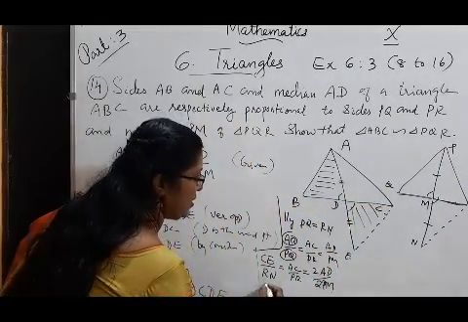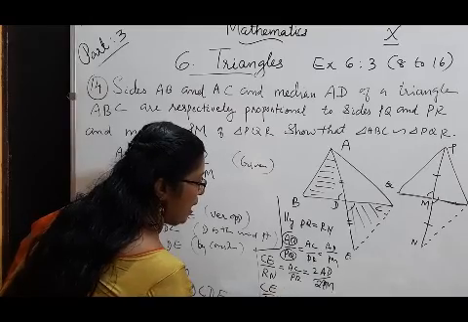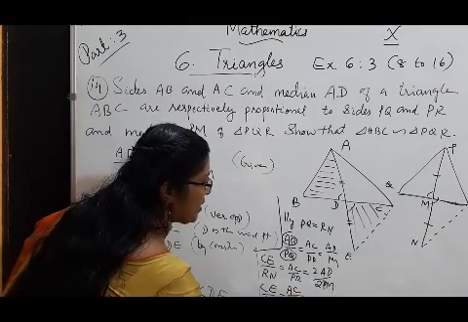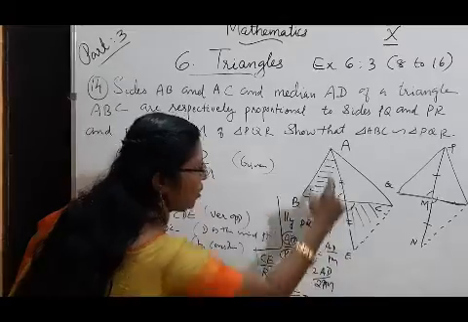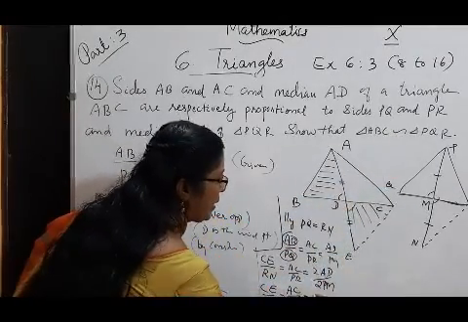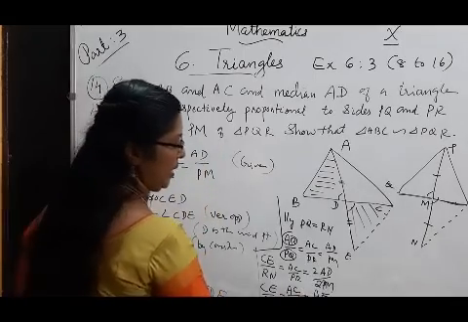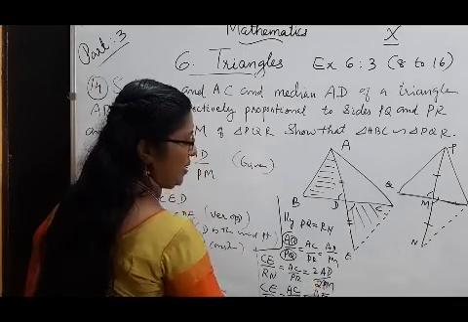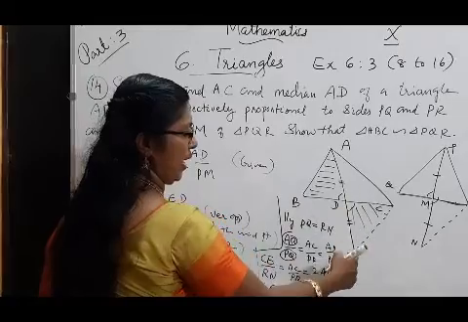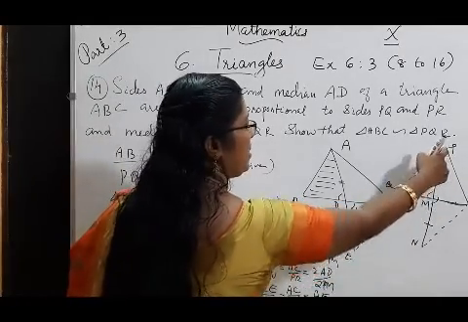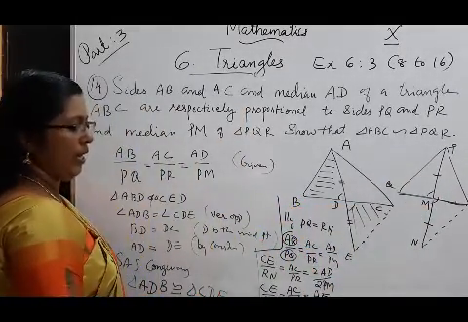So the next step is CE by RN equal to AC by PR equal to AE by PN. Here the changes: 2AD is AE, 2PM is PN.